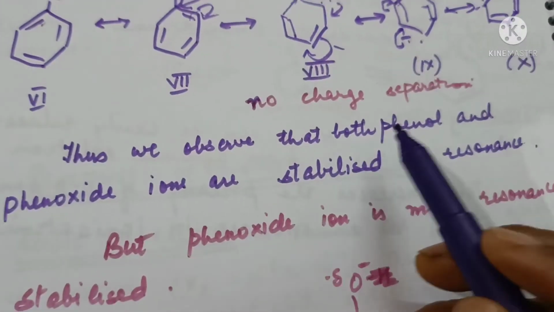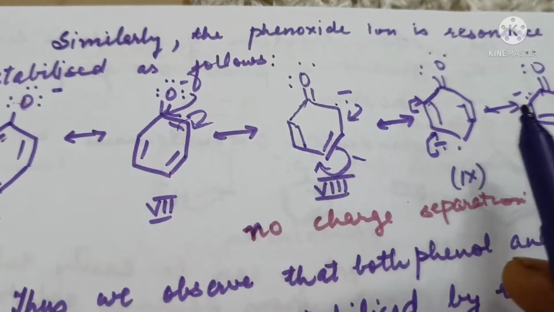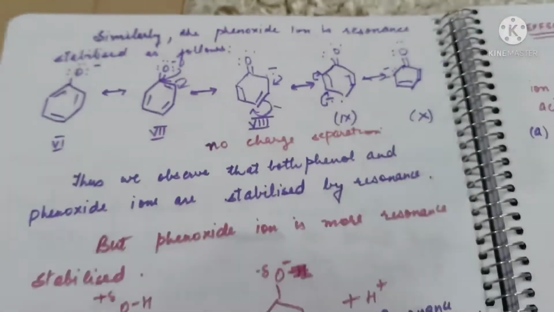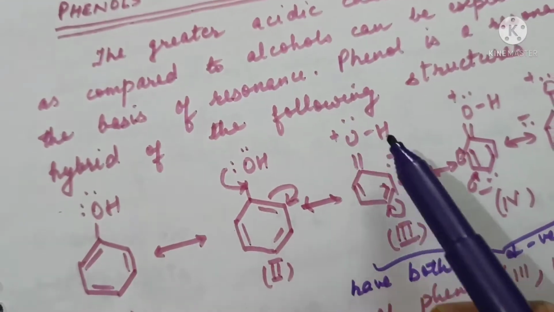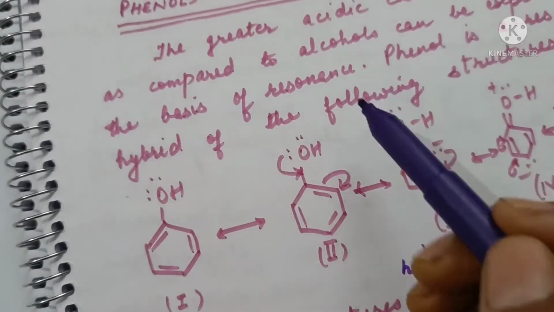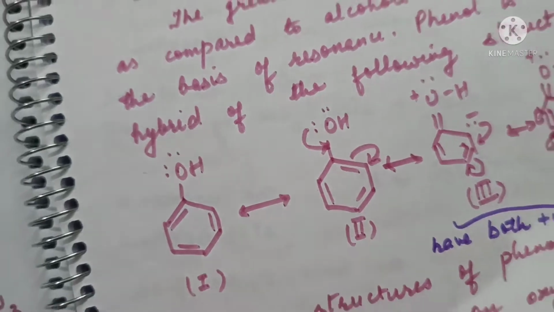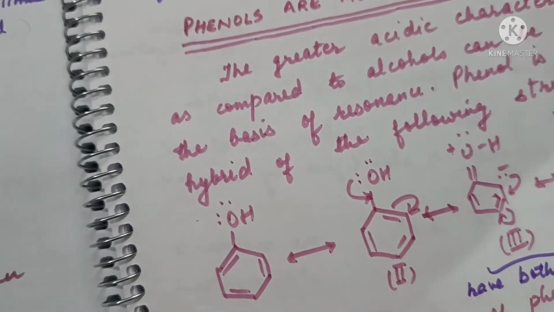So both phenol and phenoxide ions are stabilized by resonance, but phenoxide ion is more stabilized because there is no charge differentiation here, whereas in structures of phenols there was positive as well as negative charge. Also, electronegative oxygen by nature having a positive charge is contrary to its nature and will not contribute more to resonance.